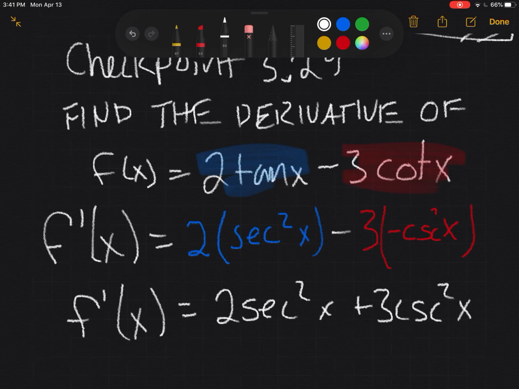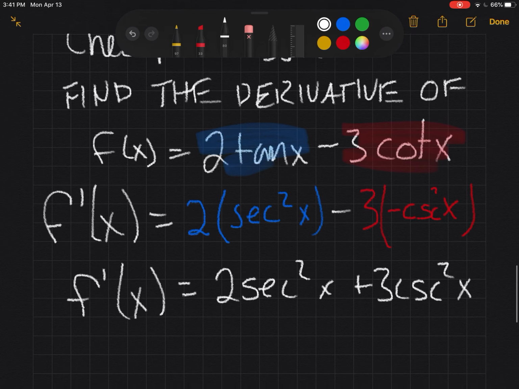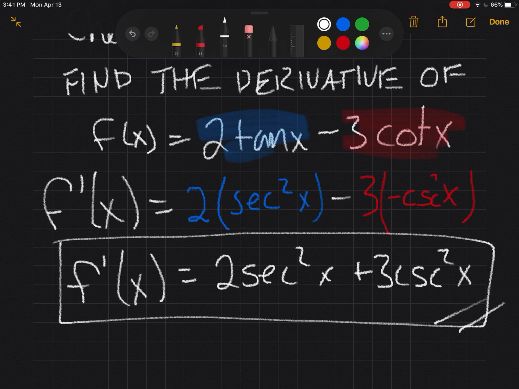And then we'll simplify a little bit further. F prime of x equals 2 secant squared x plus 3 cosecant squared x. And that would be our final derivative right there.